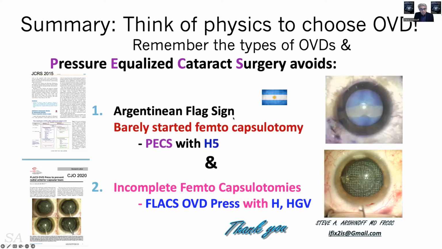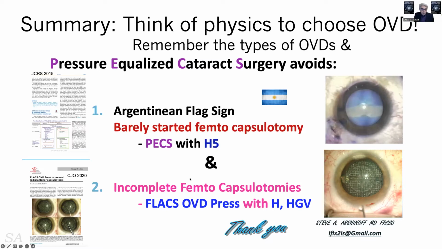And when you think about that, you realize the criteria on the basis of which you choose one OVD over another. In this kind of a case with an intumescent lens or a capsulotomy, is it like an Argentinian flag sign or a barely started femto capsulotomy, and then you want to use Helon 5 and apply pressure?